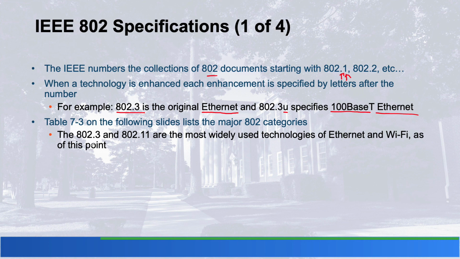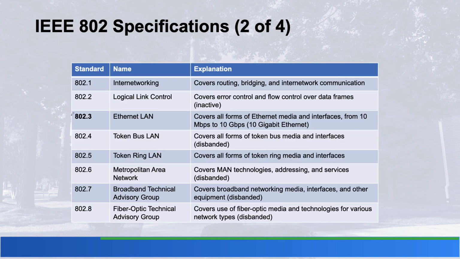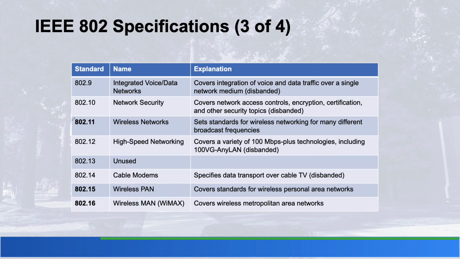The ones you're most typically going to see are 802.3, which has to do with Ethernet, your wiring, and 802.11, which has to do with wireless. So these are the ones that you'll most likely see and need to know. We don't use Token Ring anymore. We do, but not very often. 802.8, fiber optic technical advisory group. 802.11, we'll see. 802.15, that has to do with Bluetooth, I believe.